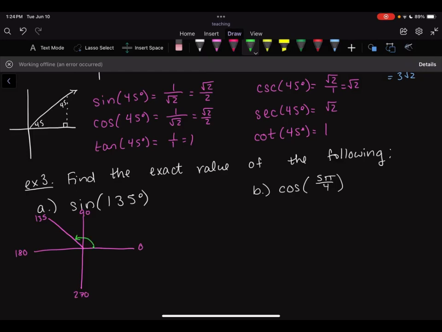But what if I want to make it into a triangle? So what I want to ask you is how big is this angle right here? How far is it from the nearest x-axis? And so I want you to pause and, of course, think about this. But from 135 to 180, I would do 180 minus 135.